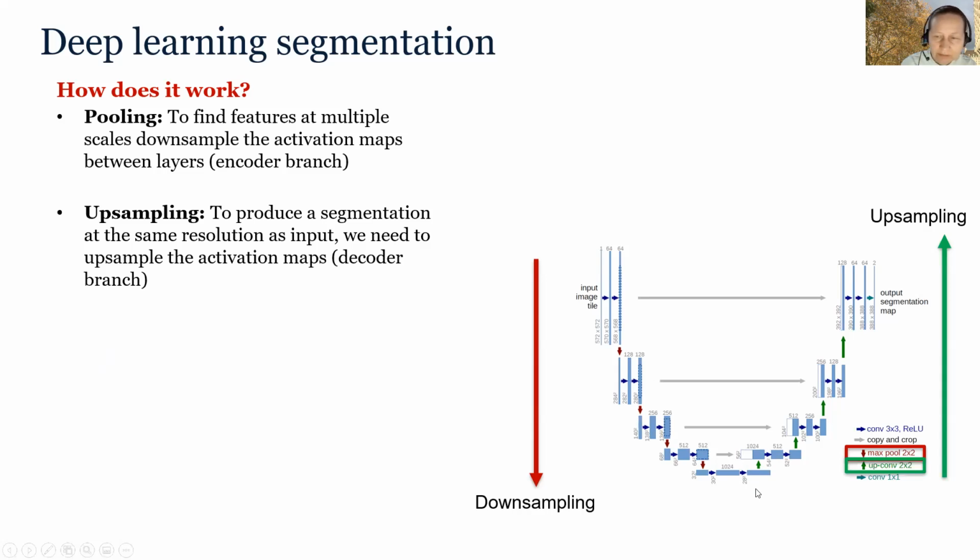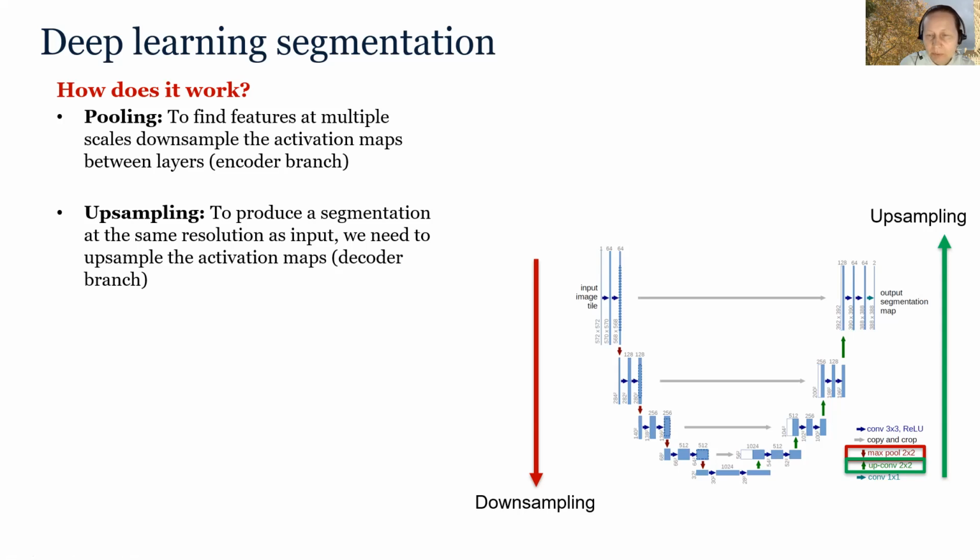Now we also have upsampling, and this is done by transposed convolutions. This is the second part of the U, the decoder branch. As we go from one level to another, we increase the resolution by 2. The problem with this downsampling and upsampling strategy is that when we are here at the bottom, we have lots of features, but we lost spatial resolution.